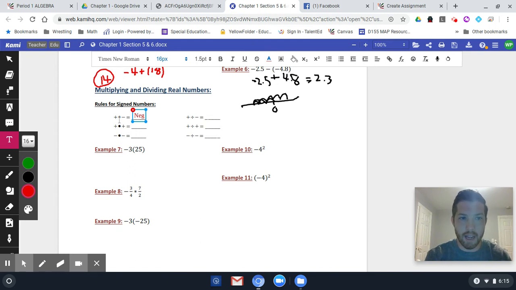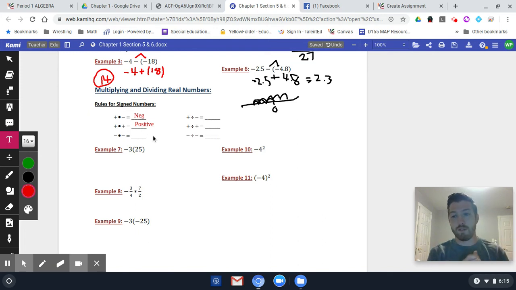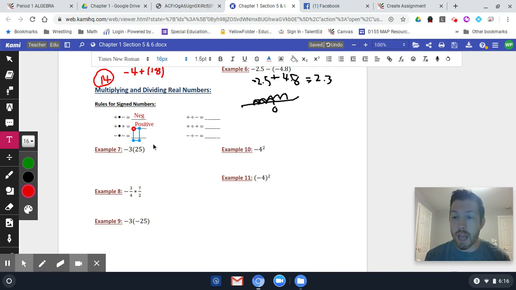So a positive times a negative equals a negative. A positive times a positive will always give you a positive number. Okay, so a positive times a positive always is going to stay positive. A negative times a negative, well, 2 negatives make a positive. And that's another one of those that we have to remember.